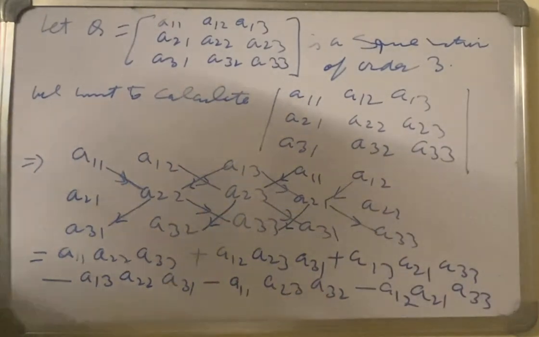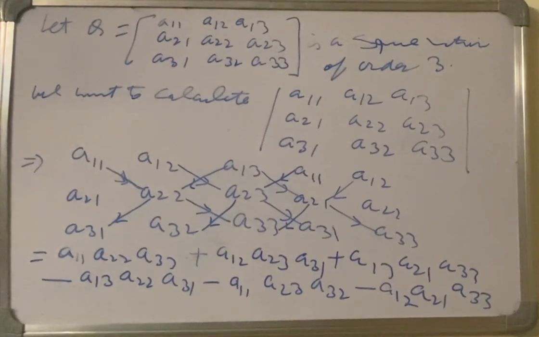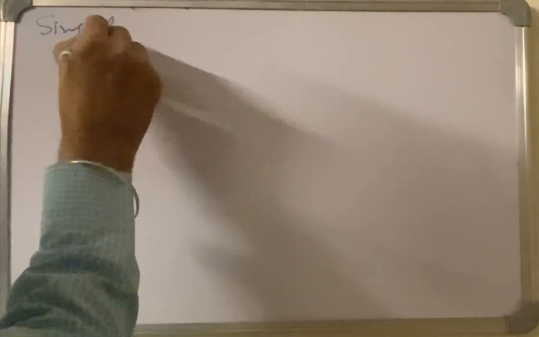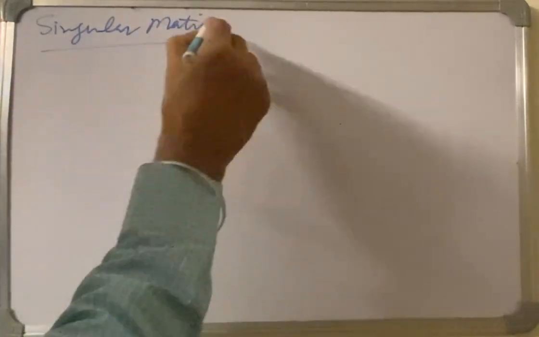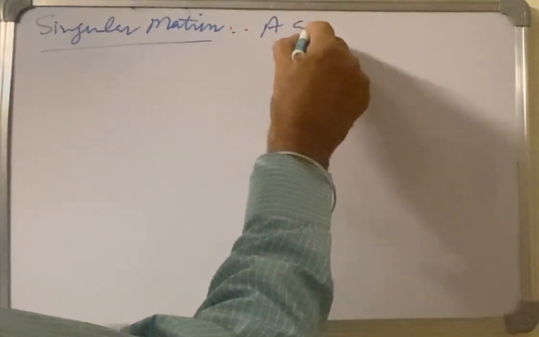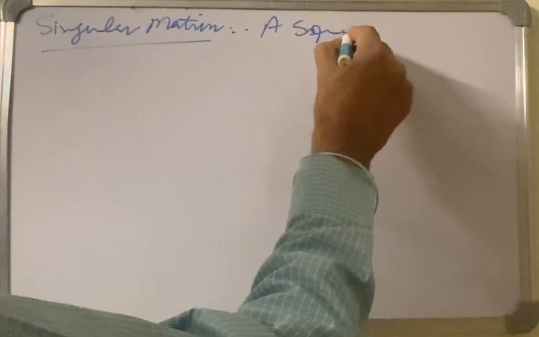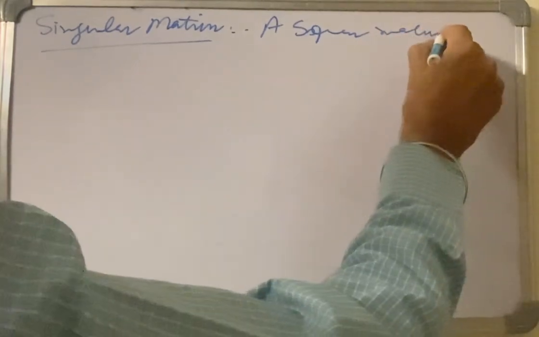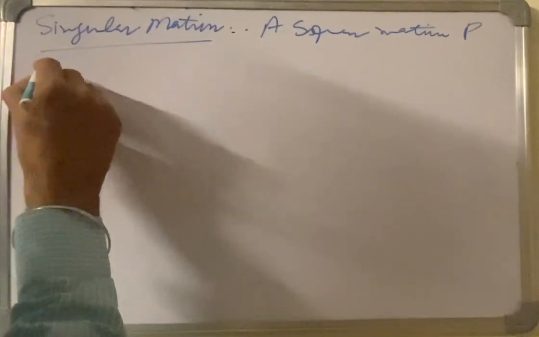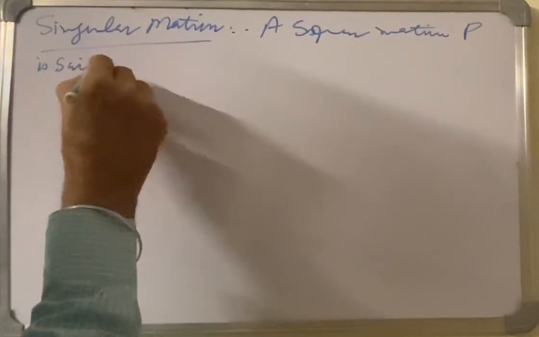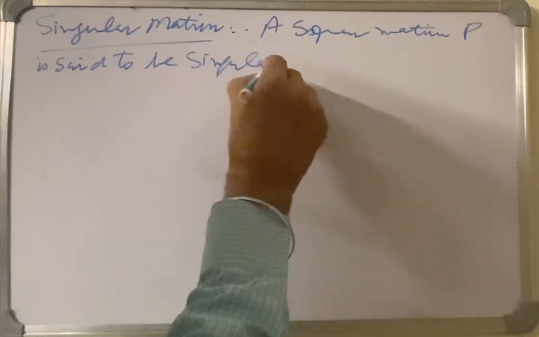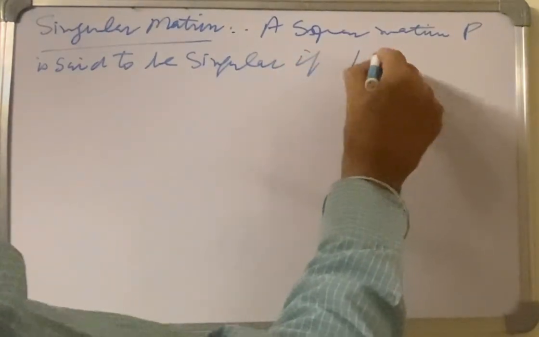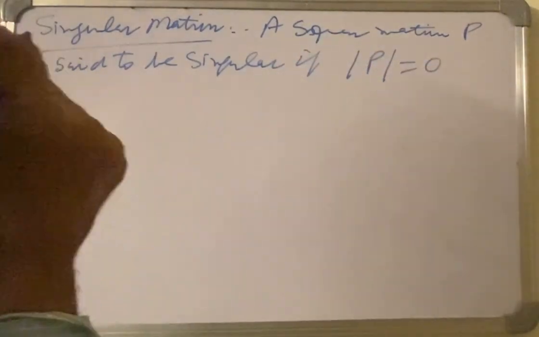Then we are taking singular matrix. Singular matrix: a square matrix P is said to be singular if determinant of P is equal to 0.